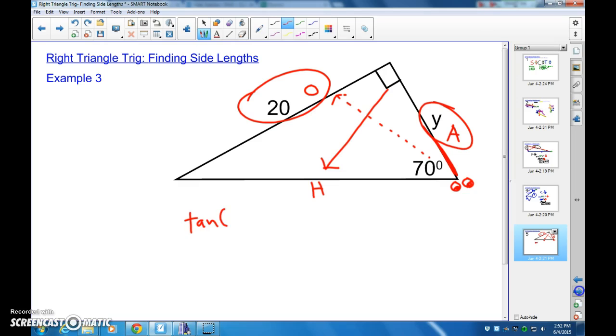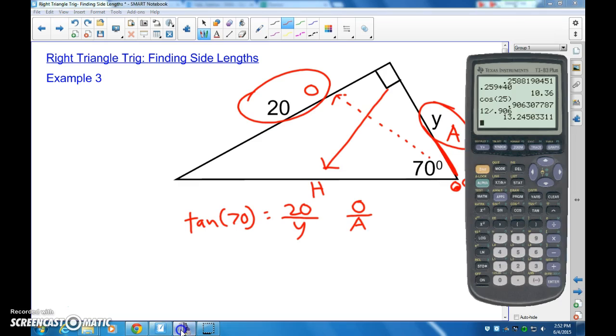So tangent of 70 degrees equals opposite over adjacent. Again, the order matters, O over A. And from there you can solve it. Tangent of 70, 2.747 equals 20 over y.